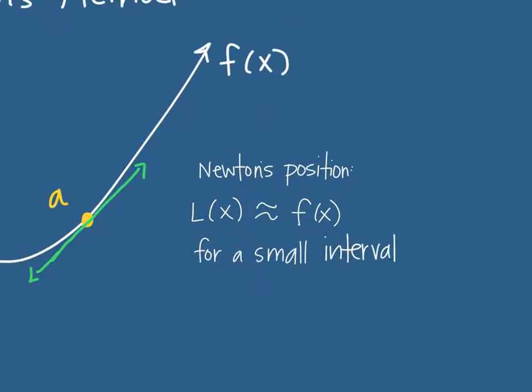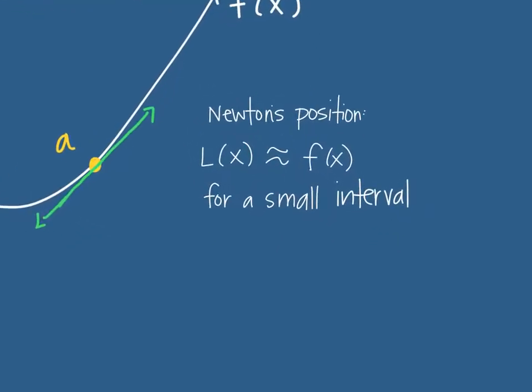And last year, we had to talk about whether it will underestimate or overestimate. He would acknowledge it's going to be close enough for a small interval, but I know that it will underestimate if the concavity is positive, and it will overestimate if the concavity is negative.